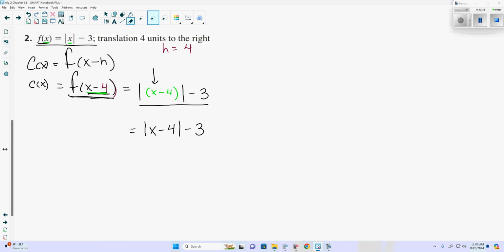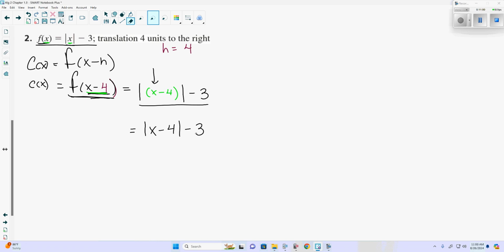Now, it is going to be very tempting to want to combine our like terms of -4 and -3. But because of that absolute value bar between them, they're not really like terms. We would have to simplify the absolute value, what's inside it, first, and then subtract 3. So this is actually simplified. That is the final answer.